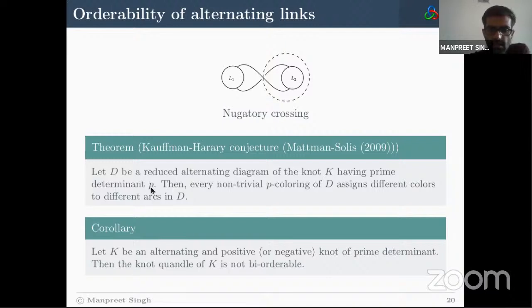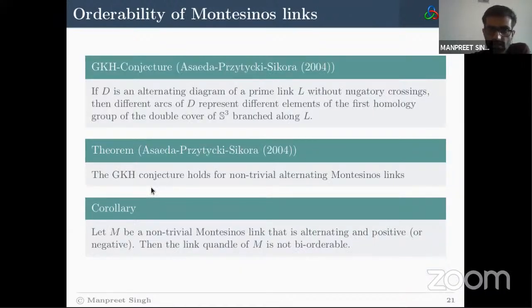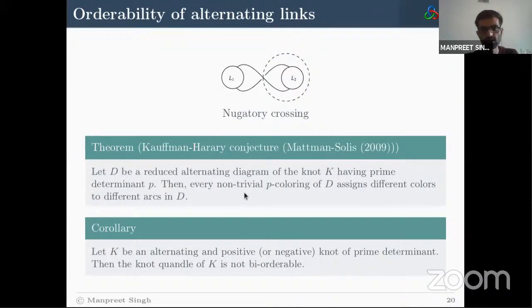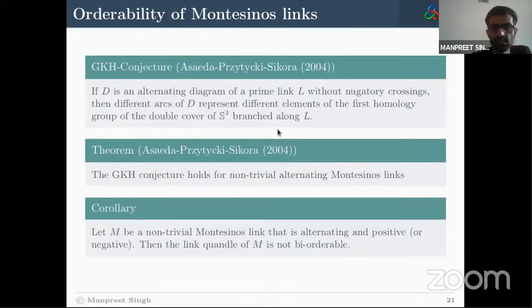And Asaeda, Przytycki, and Sikora noticed that the determinant can be recovered from the first homology group of the double cover of the three-sphere, and so they extended their conjecture to links using this group. Basically, they don't only use these quandles. The quandles are obtained from the core quandle of the cyclic group of order p. They actually increase the domain of the coloring here.